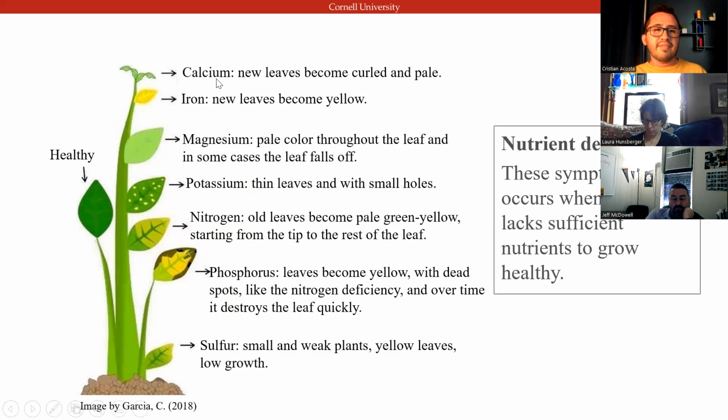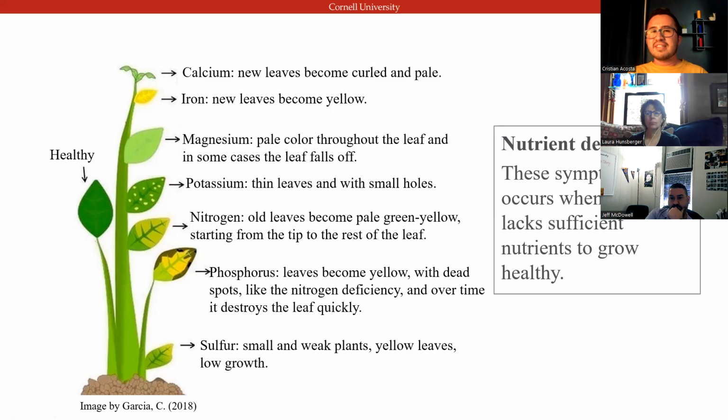So when we see the new leaves becoming curled and pale, usually it's calcium. So the plant is telling us that there is not enough calcium, or something is happening so that the calcium is not available for the plant to take.